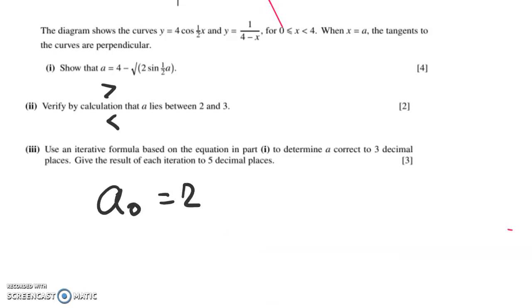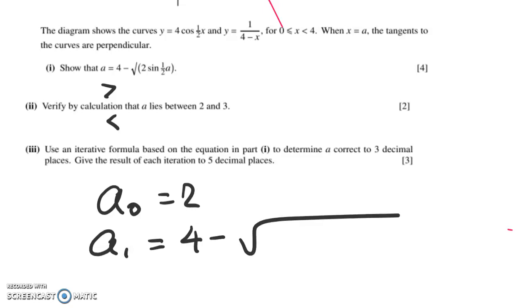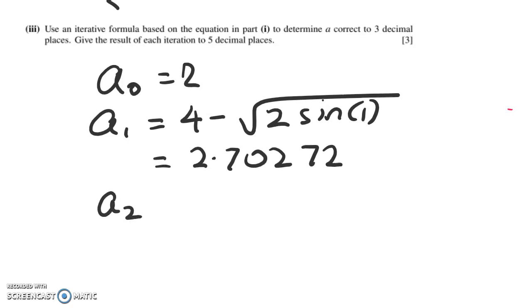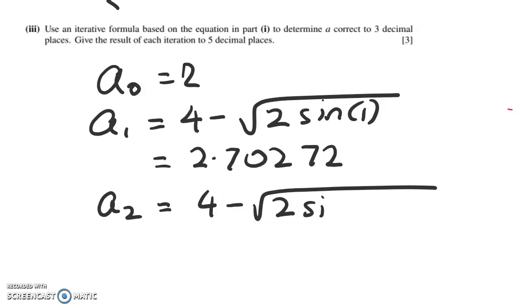So A0 is 2, so what's A1? You want to show it to 5 decimal places, so 2.70272, and then A2 is going to equal 4 minus root 2 sine of 2 times that.